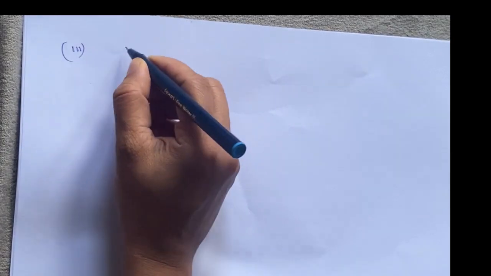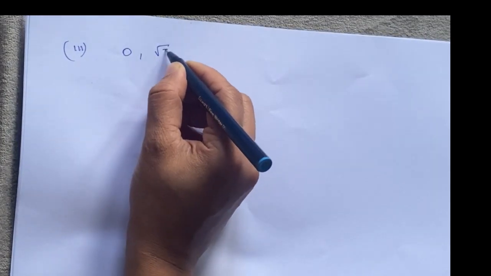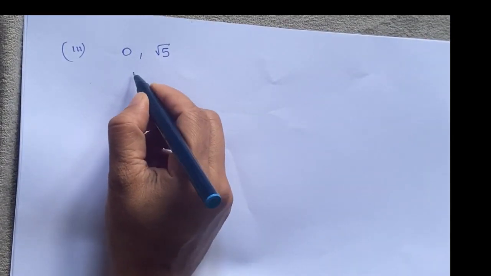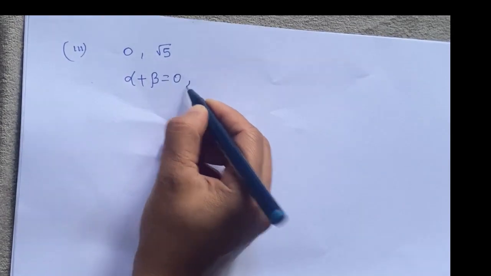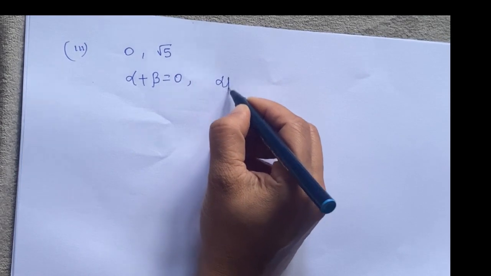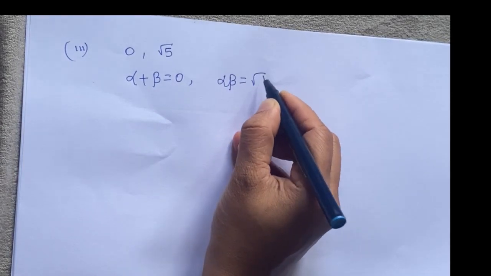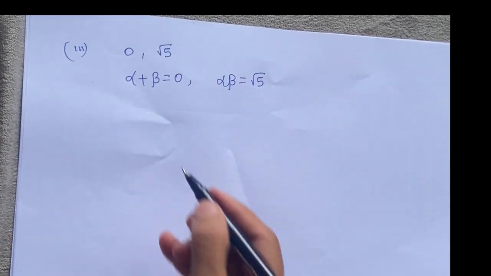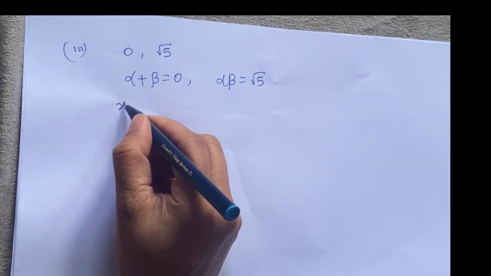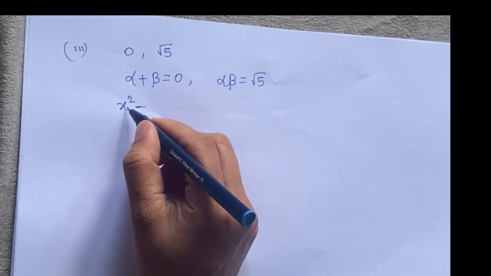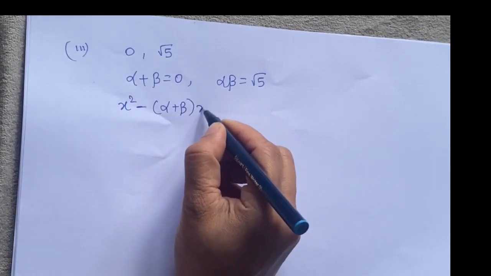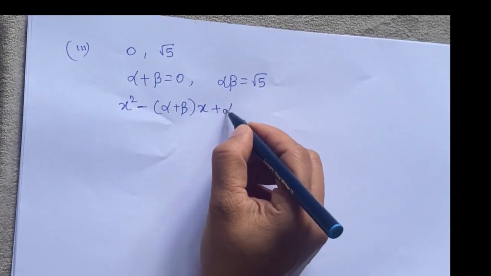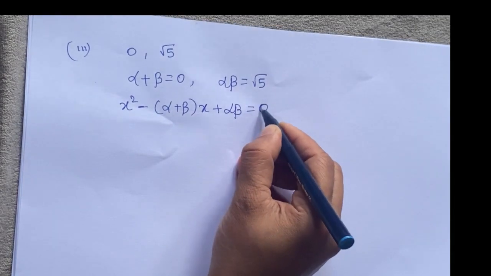Third one, 0 and root 5. They are given the sum of the zeros, alpha plus beta is 0, and the product of the zeros, alpha into beta is root 5. And the equation in terms of alpha and beta is x square minus alpha plus beta into x plus alpha beta is equal to 0.